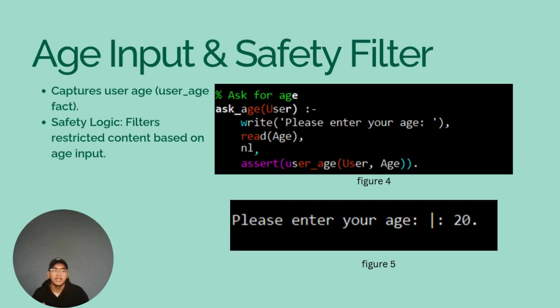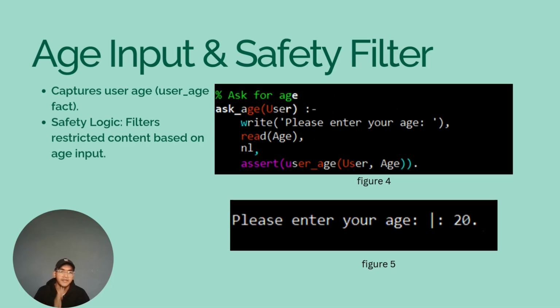After the user enters the name, the system applies a safety feature called safety logic. As you can see in the slide, figure 4 shows the system asking for their age and storing it as a fact called user age. This allows the system to know the user's age during the recommendation process. This is very important because movie databases contain different kinds of maturity ratings such as 18 plus and restricted.